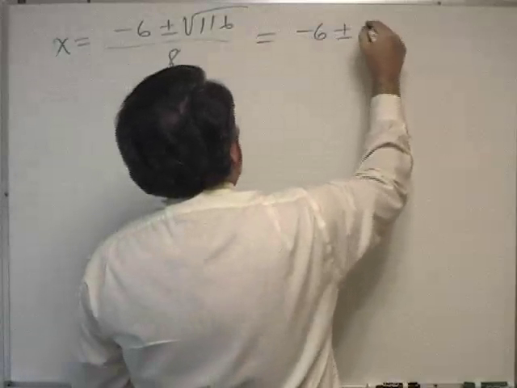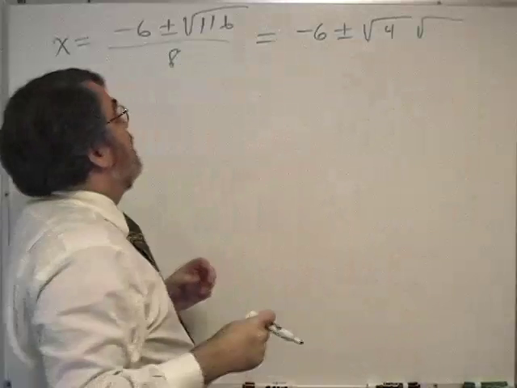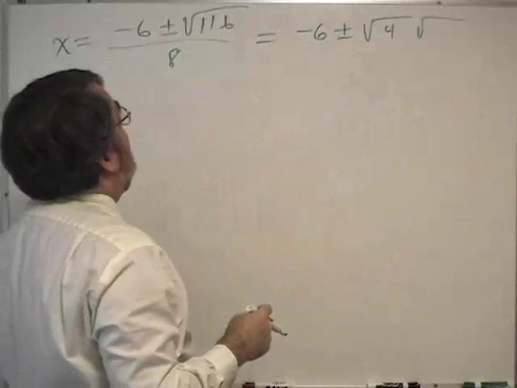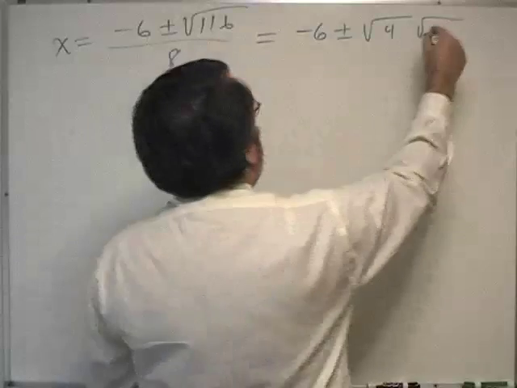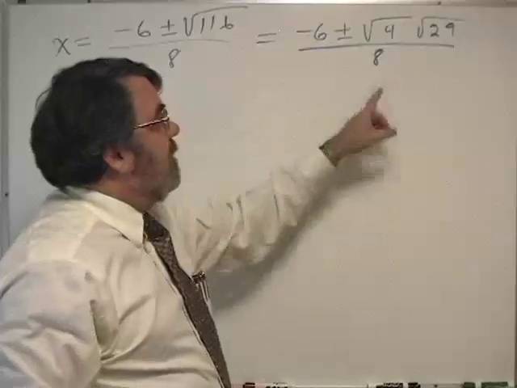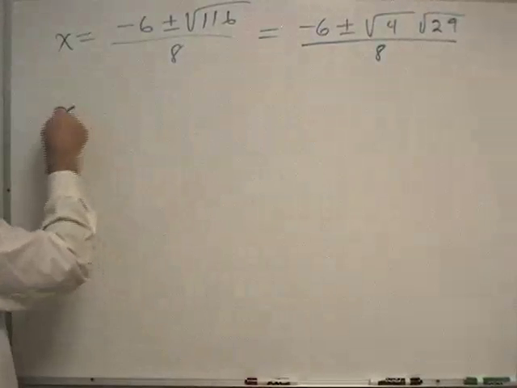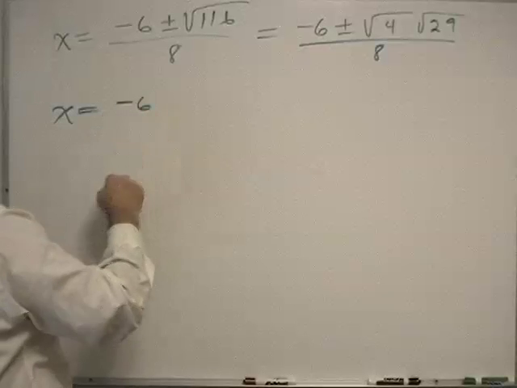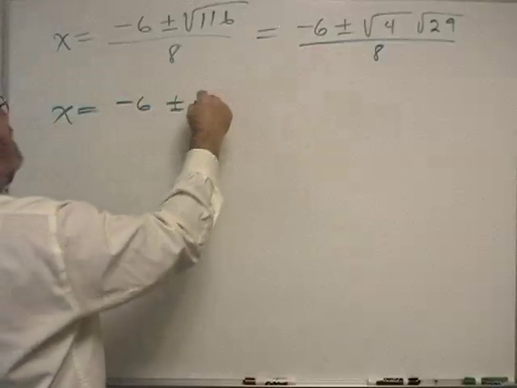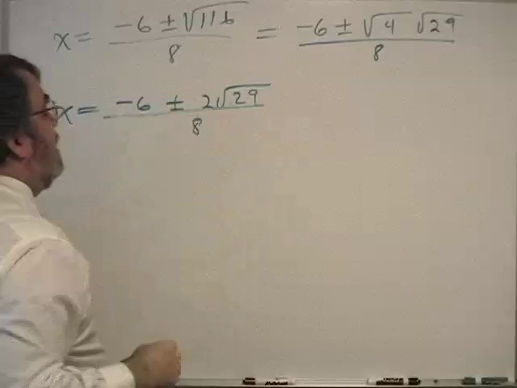We can do that by factoring a 4 out of 116, and 4 goes into 116 looks like 29 times to me, over 8, so the square root of 4 will become a 2. x equals negative 6 plus or minus 2 times the square root of 29, everything divided by 8.